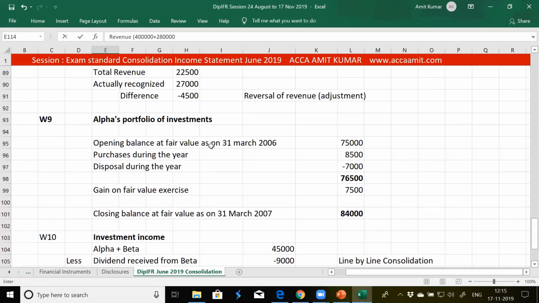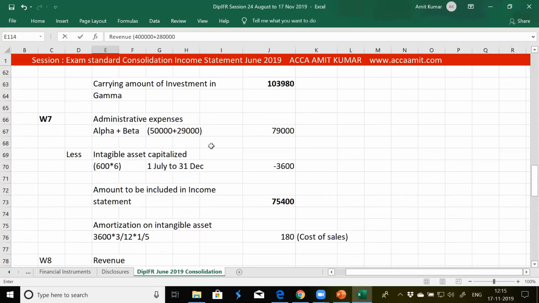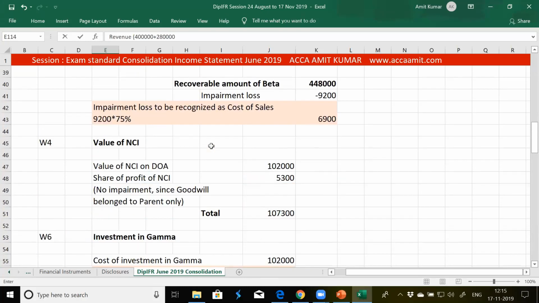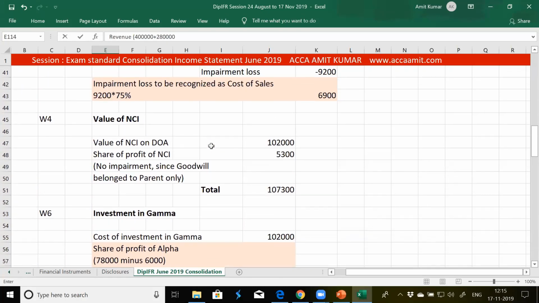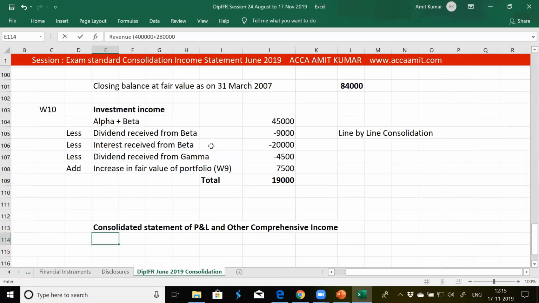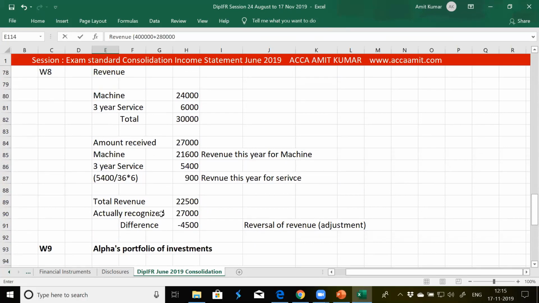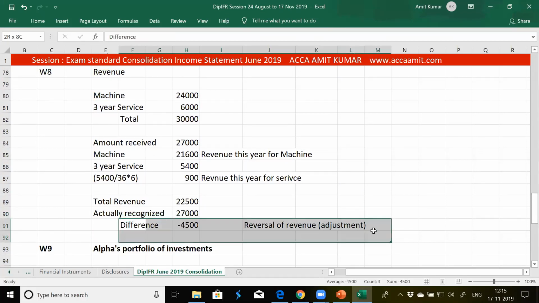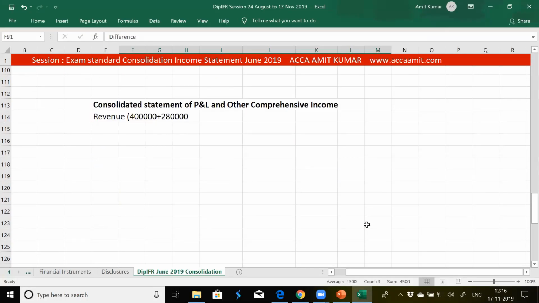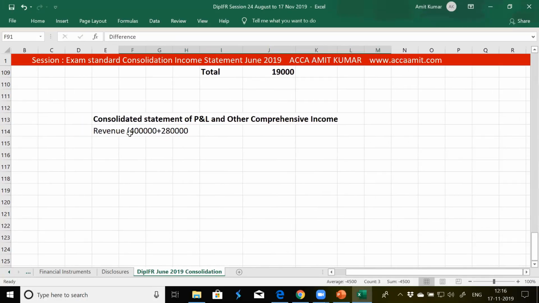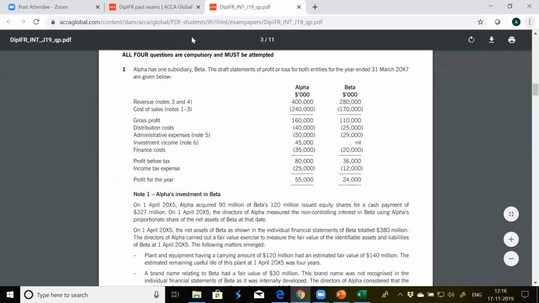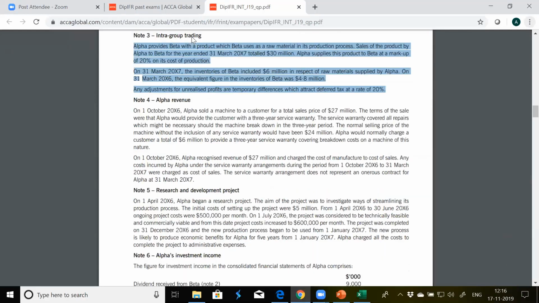There was a $4,500 reversal of revenue. So we'll make this adjustment of 4,500 here. 400,000 plus 280,000 minus 4,500.